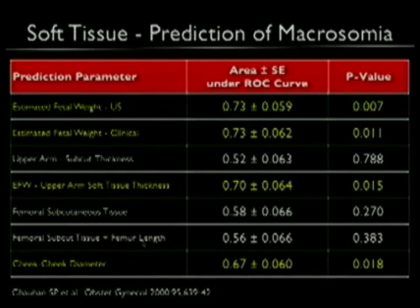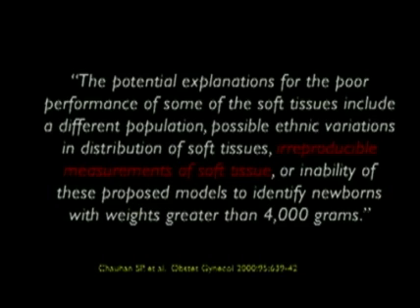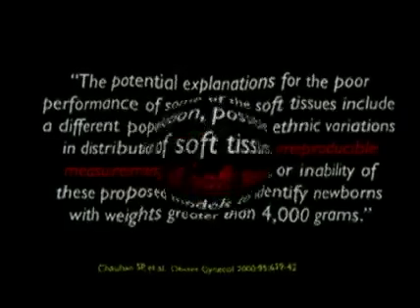And they were able to show some correlation in the prediction with the parameters marked in yellow, but there were other ones that were not significantly helpful using the receiver operating characteristic curves. And they stated that the potential explanations for the poor performance of some of the soft tissue parameters include a different population, possible ethnic variations and distribution of soft tissues, irreproducible measurements of soft tissue, or inability of these proposed models to identify newborns with weights greater than 4,000 grams.